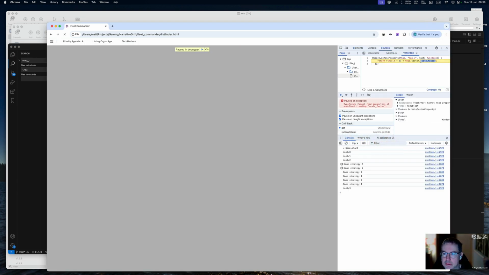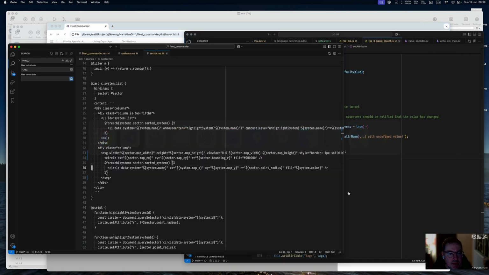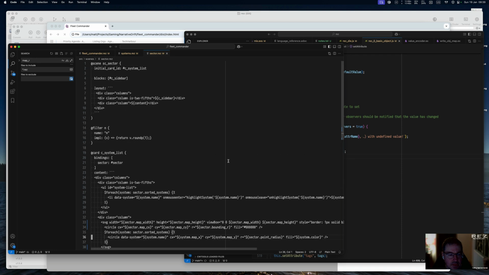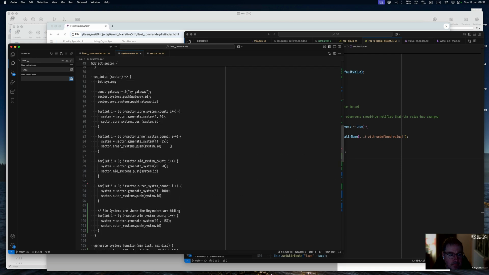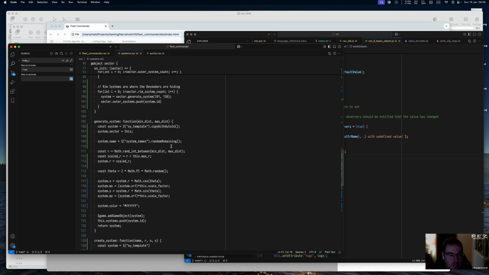Okay, it breaks. This dot sector dot scale factor is not... What is this? This is gateway system. Oh, its sector ID is not set. We do that here.